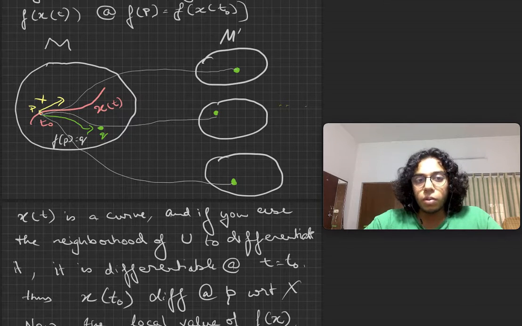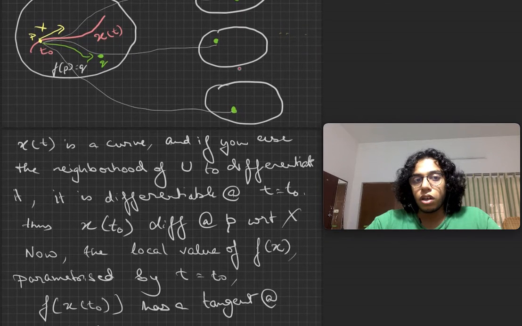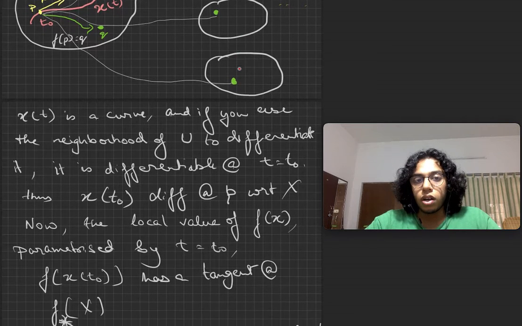So f of p gives you another point on a new manifold M dash. So how does this work?